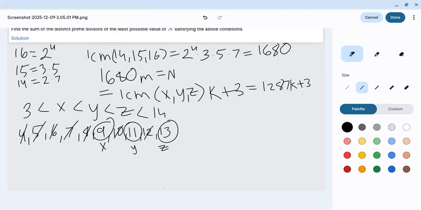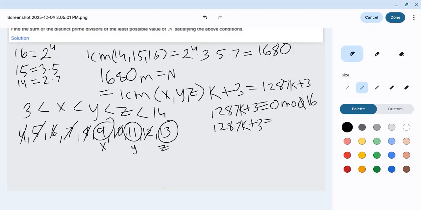Now we'll just do some modular arithmetic. So we're going to divide this up into 16, 3, 5, and 7. So we'll say 1287k plus 3 is equal to 0 mod 16.